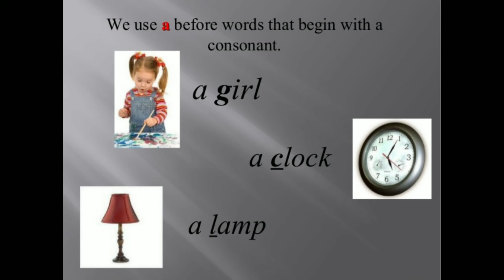In clock, the first letter is C, a consonant, so we have used a. Next, lamp, L is also a consonant, so we have used a. Again I repeat, we use a before a word that begins with a consonant.